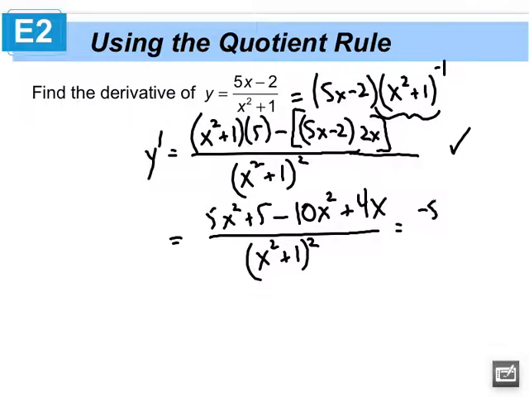Gives us negative 5x squared plus 4x plus 5 all over x squared plus 1 quantity squared. The last thing we want to check is that numerator. Can that numerator be simplified at all? In other words, does it factor, which would give me an opportunity to cancel? It doesn't, so we're good to go there.